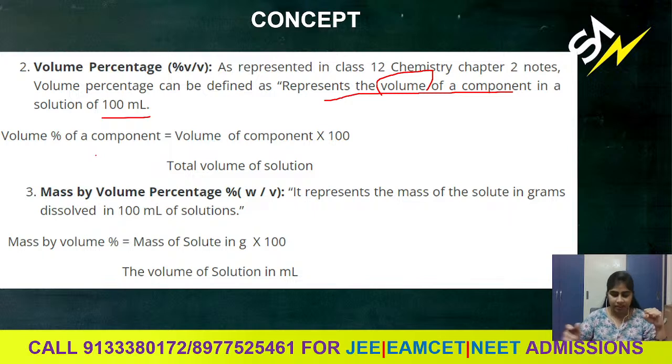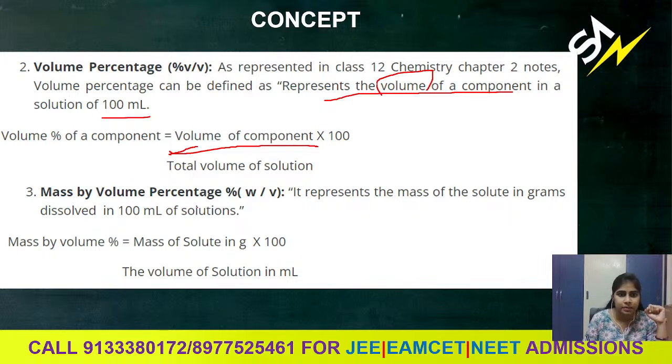Here we need to calculate the percentage of the solute, how it is dissolved in the solution. It is given by the formula: volume of the component into 100 divided by total volume of the solution. This shows the volume percentage.